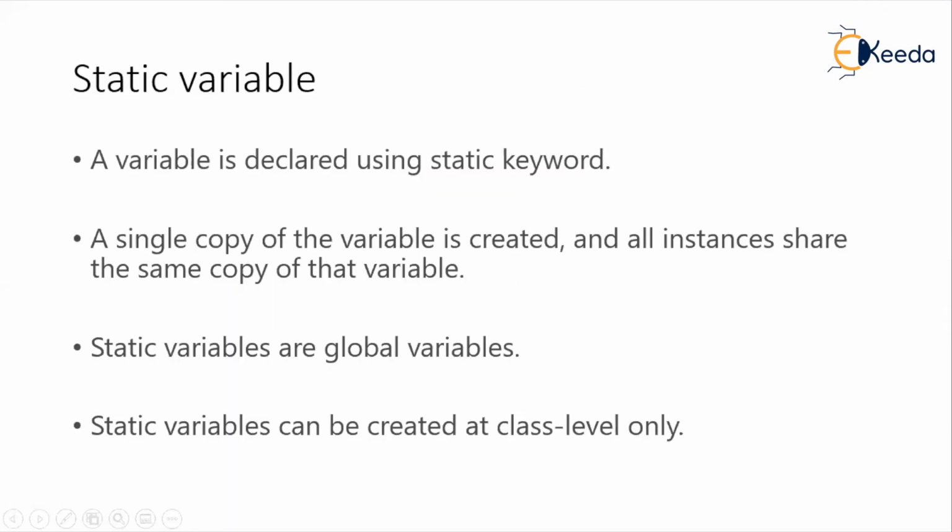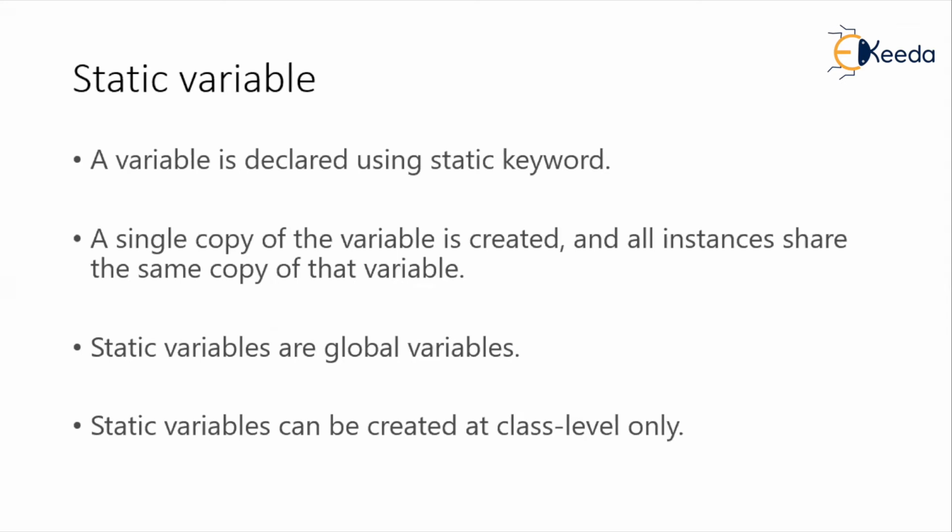Next part which we will be discussing is static variable. A variable which is declared using static keyword is called a static variable. And as I have already mentioned, there will be only one copy of that variable which is created, and all instances will share the same copy of the variable.